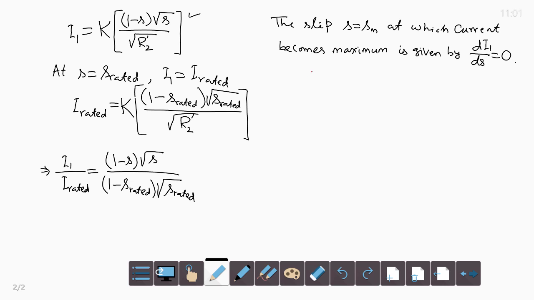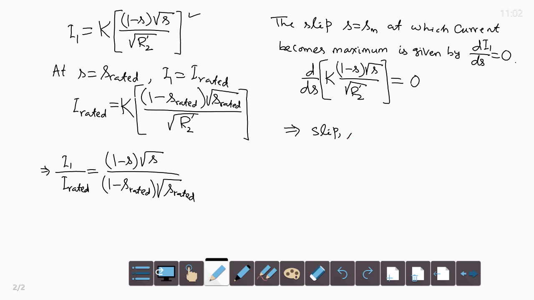So, d by ds of I1 is k times (1 minus s) into root over of s divided by root over of R2 dash. This bracketed term is the I1, d by ds equal to 0. Solving this, you get slip Sm is 1 by 3.